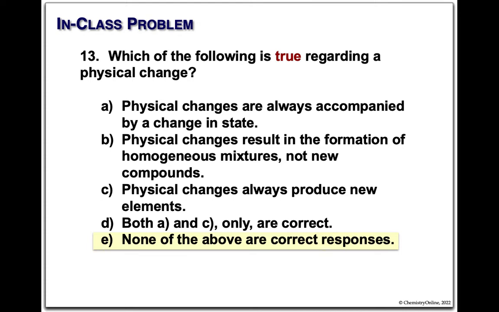With a physical change, you start with one substance and you wind up with the same substance. It's just different somehow, but it's the same stuff. Chemical change, you start with one, you wind up with something new.